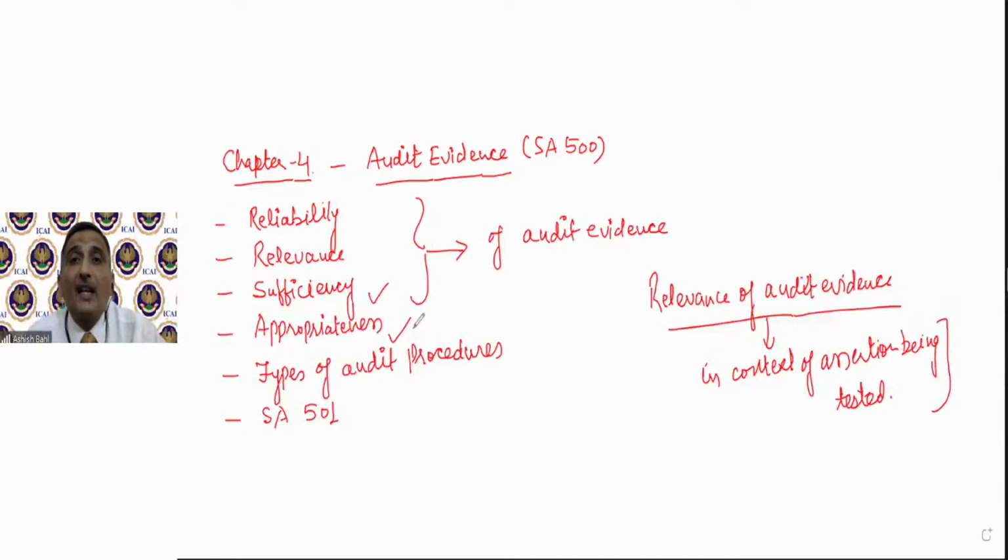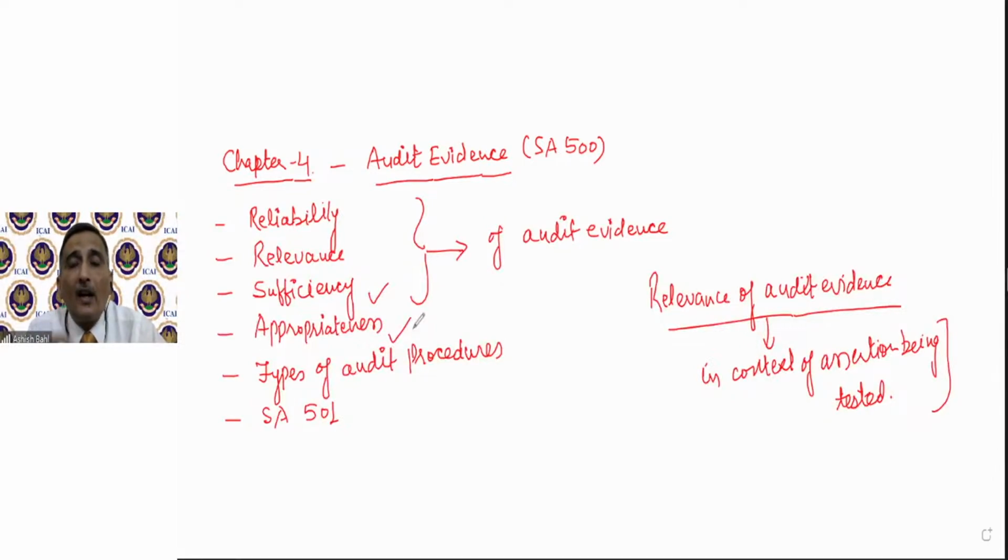कितने अकाउंट मेरे को चेक करने हैं? सपोज इन ट्रेड रिसीवेबल्स, हाउ मेनी अकाउंट्स आई हैव टू चेक? या सेल्स मेरे को 4 महीने की चेक करनी है या 2 महीने की चेक करनी है? सो दिस रिलेट्स टू क्वांटिटी ऑफ ऑडिट एविडेंस. सो इट इज कॉल्ड sufficiency. It is called sufficient.